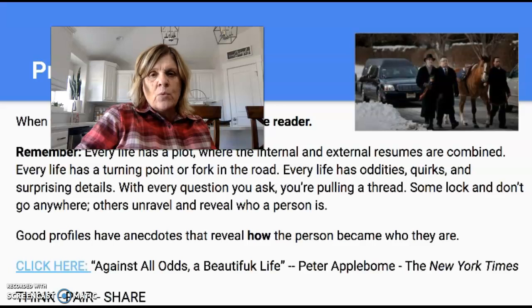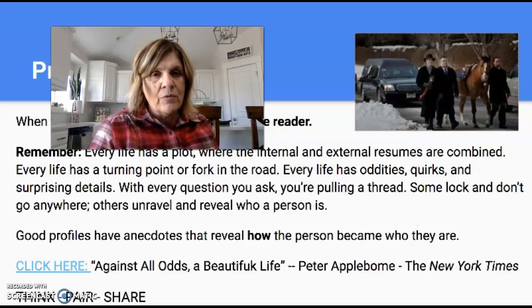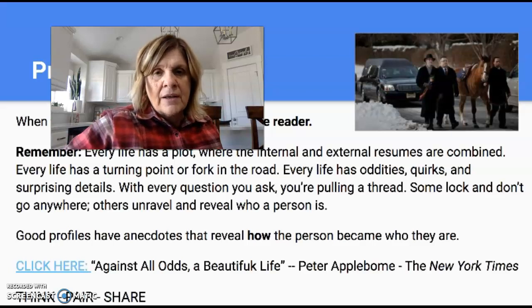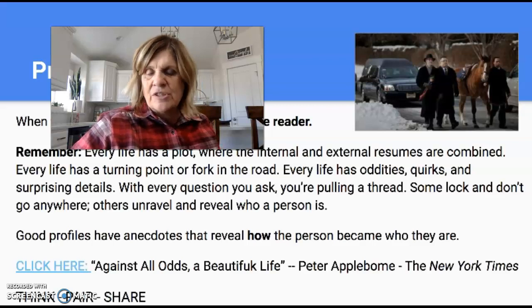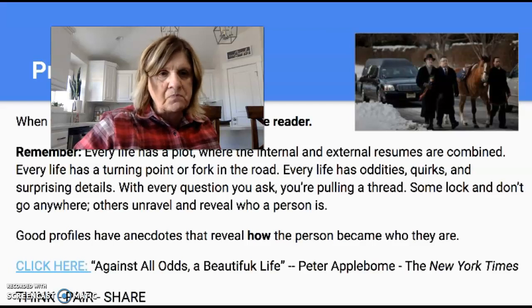A good profile will unravel and reveal who a person is. So I want you to think with this article, this profile that you just read, anything in that remember part. We're actually going to have a discussion in class on how the elements of that paragraph that we just read fits this profile really well.